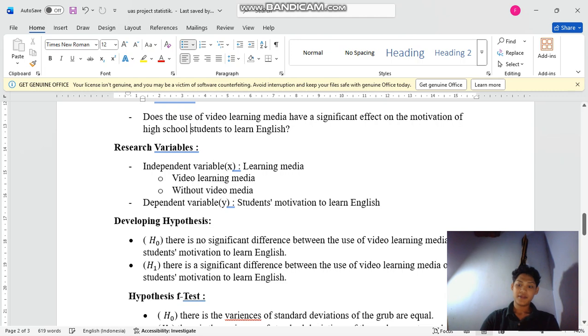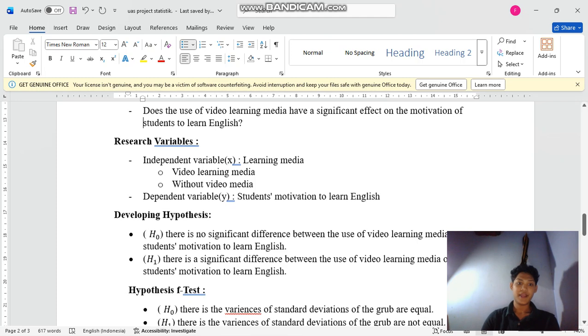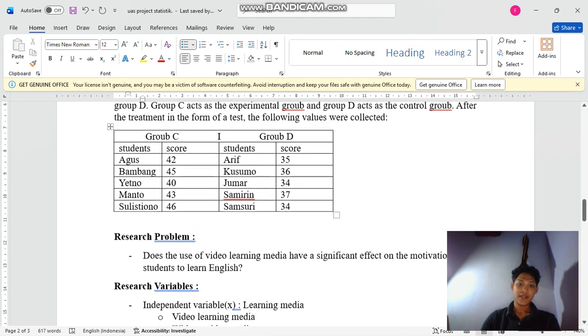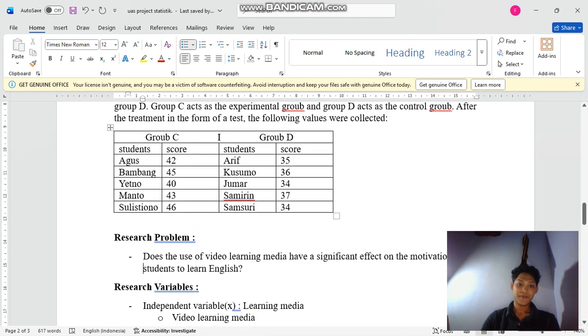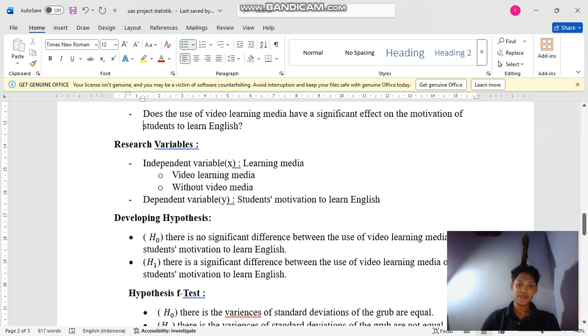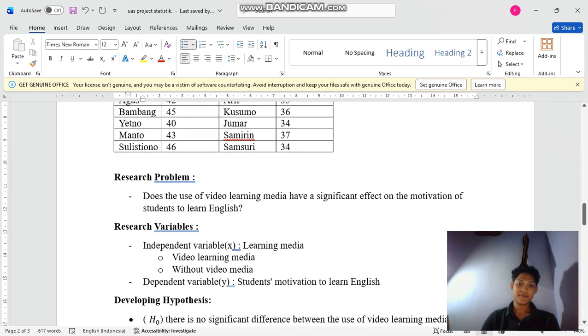For the research variables, we have two variables. The independent variable is learning media, that is, video learning media or without the media. And the dependent variable is student motivation to learn English.